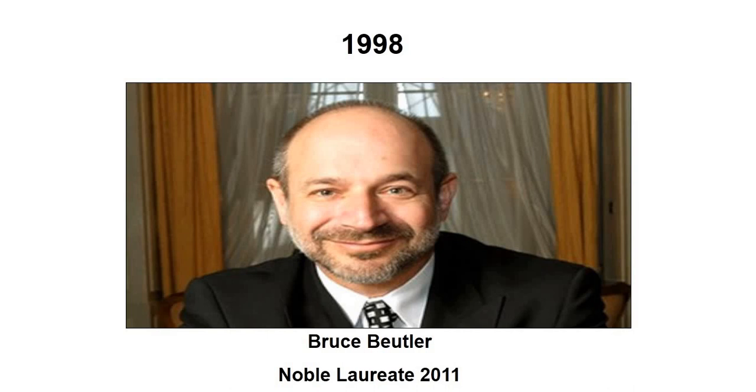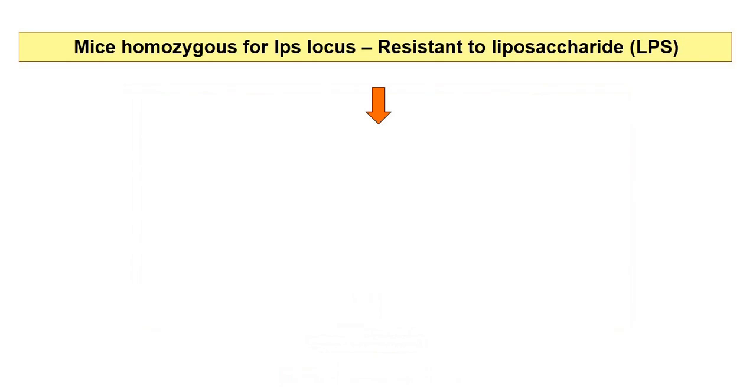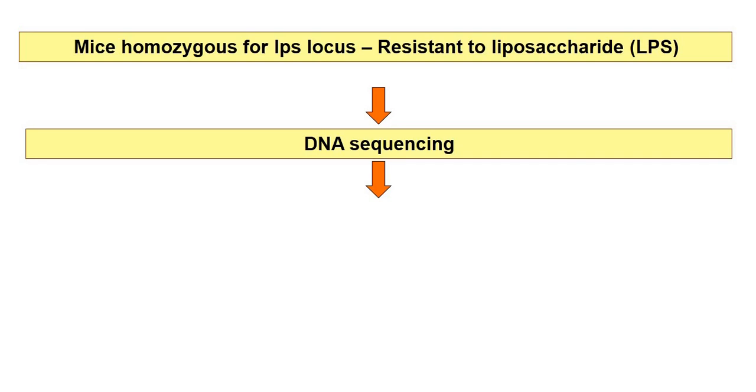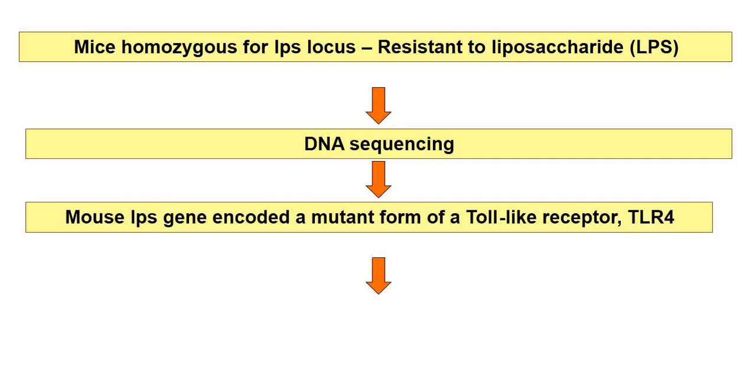So, what was Professor Beutler's contribution? Mice homozygous for the LPS locus, he saw, were resistant to lipopolysaccharide, LPS. Molecular biology was available. They did DNA sequencing. The mouse LPS gene encoded a mutant form of Toll-like receptor, that was TLR4.